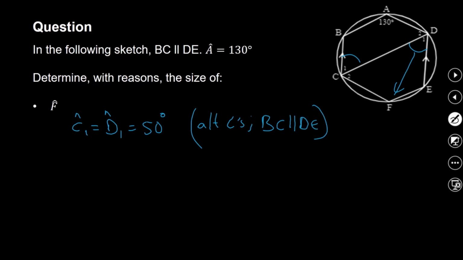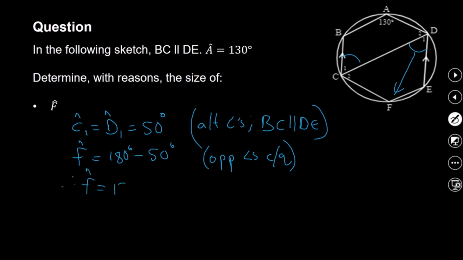And then from there, I will simply say F is equal to 180 degrees minus 50 degrees, which will be because of opposite angles of a cyclic quad. Therefore angle F will be equal to 130 degrees.